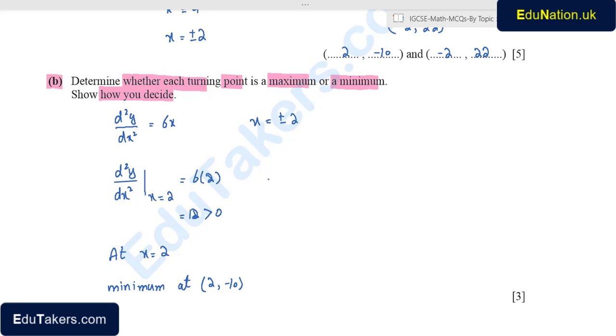And then second derivative at x is equal to minus 2. This will be equal to 6 into minus 2, which is equal to negative 12, which is less than 0. So this turning point will be maximum at minus 2, 22.